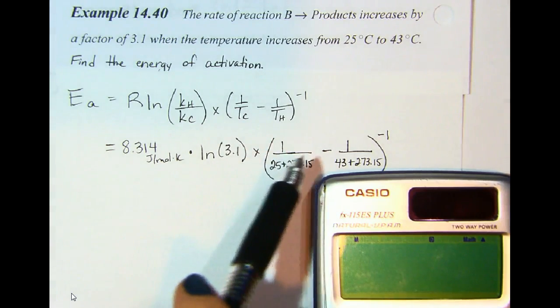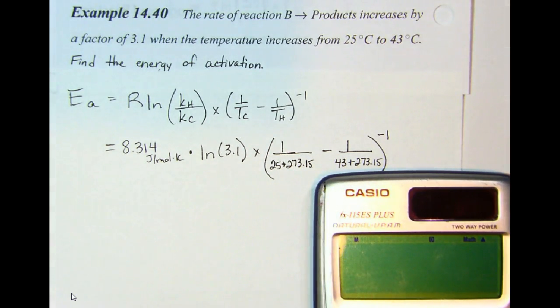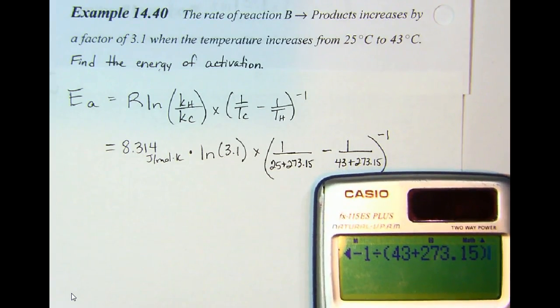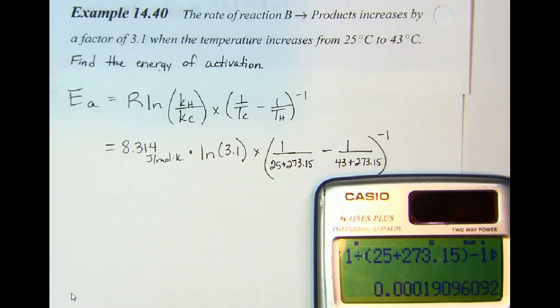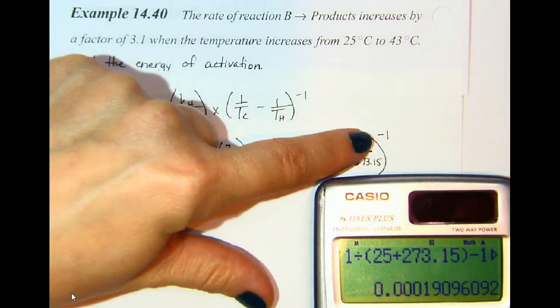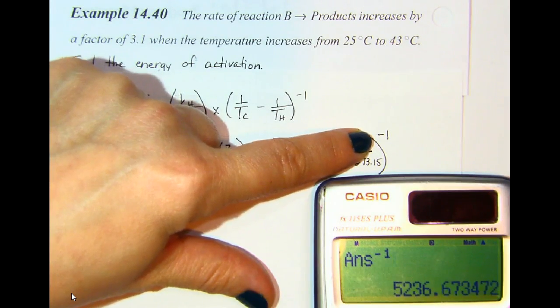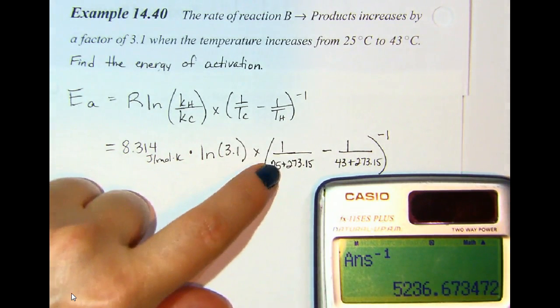So we'll start by doing the math in the parentheses, where I'll take 1 divided by, open parenthesis, 25 plus 273.15, close, minus 1 divided by 43 plus 273.15, close parenthesis. Then I'll hit equals, and now I'm going to take that value to the negative 1, equals, and then I get all of this in parentheses.